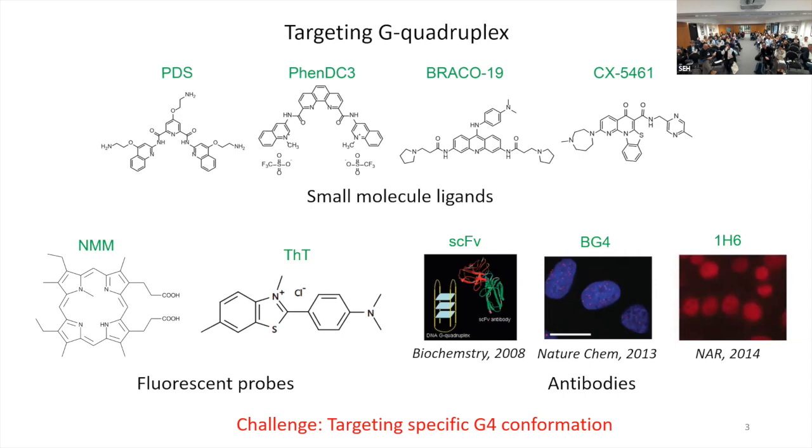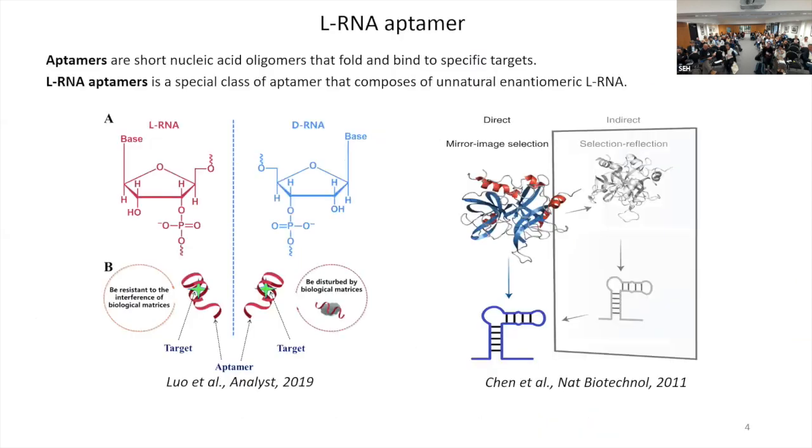Besides these targeting methods, another method is aptamer. However, aptamers cannot easily be developed for nucleic acid structures, because in the selection process the antisense oligos can be selected, and the antisense oligos target the nucleic acid through base pairing instead of structure recognition.